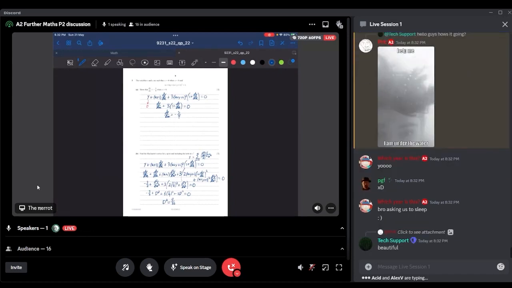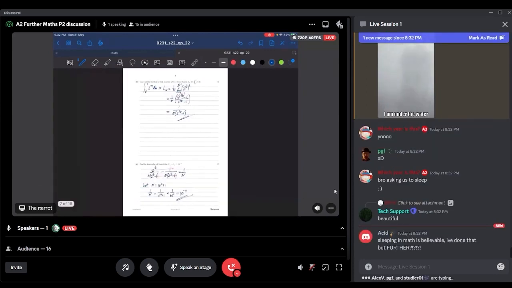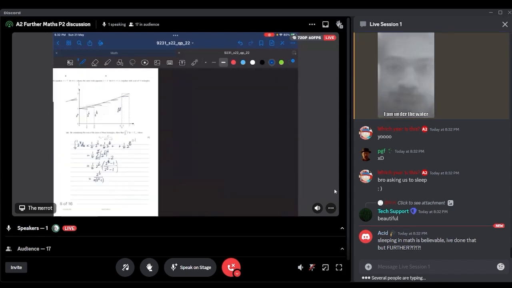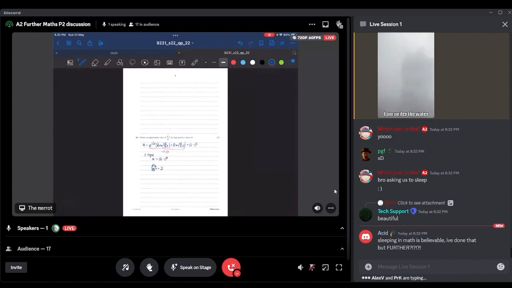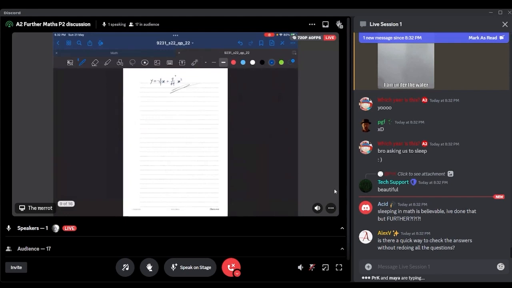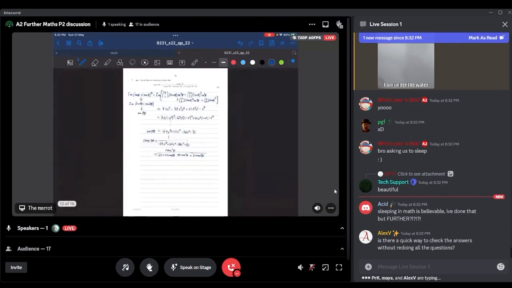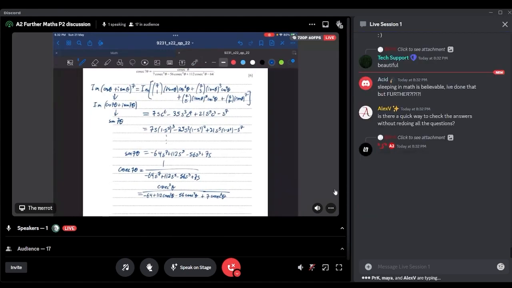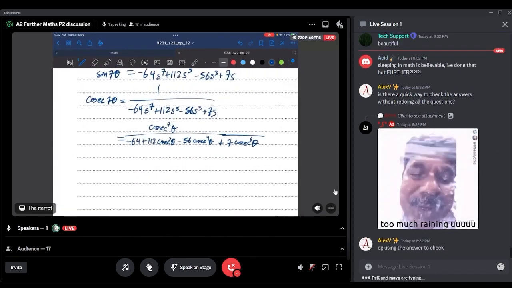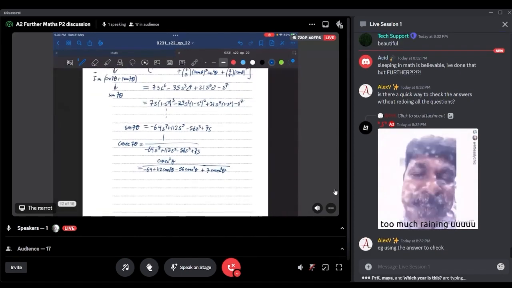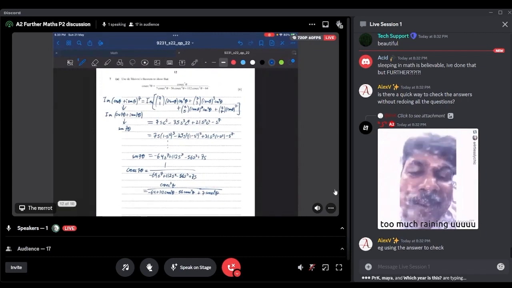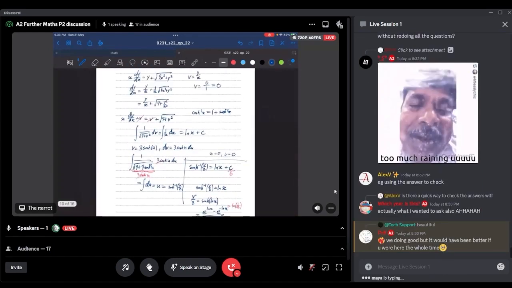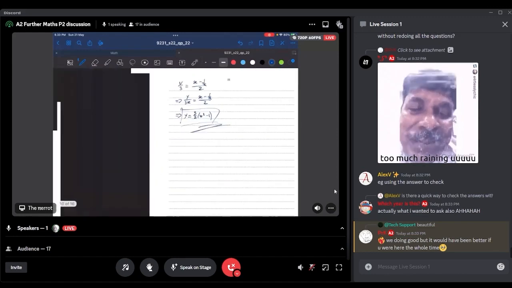So of course, if you have half an hour, try to check your answers again, especially the computationally heavy ones, like the De Moivre's theorem part. You may make some mistakes in the middle, and then you wouldn't get your answer. Usually the heavy computational parts like this, or the Maclaurin one, you'd better recheck.